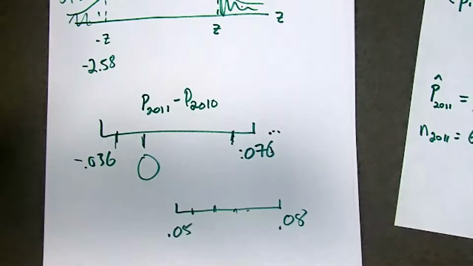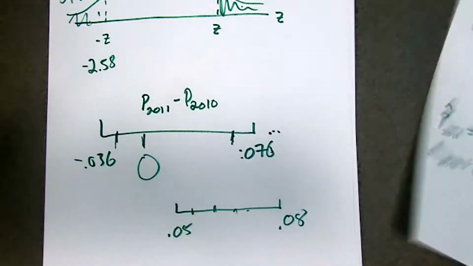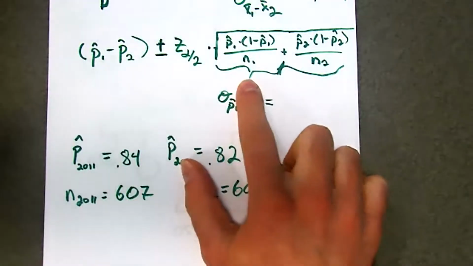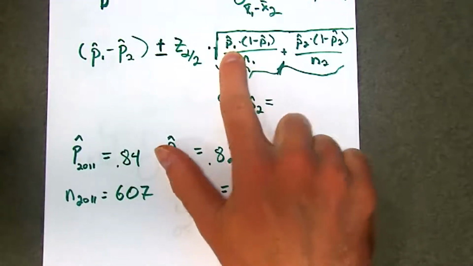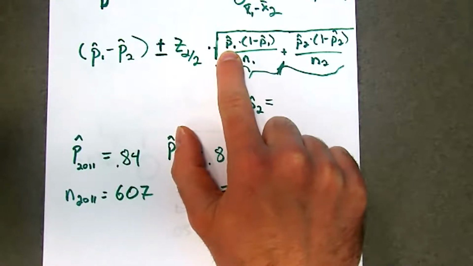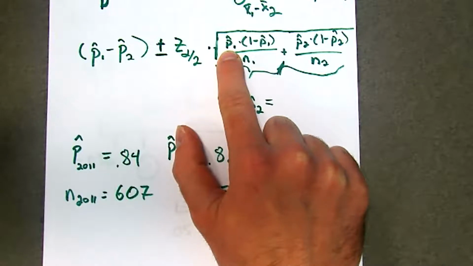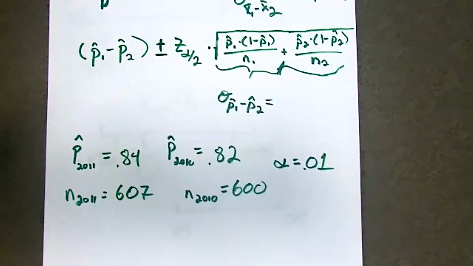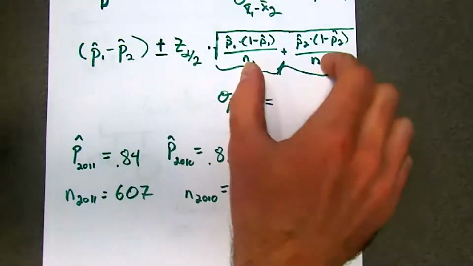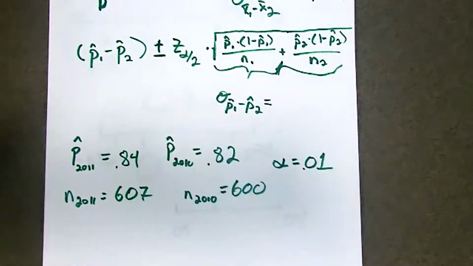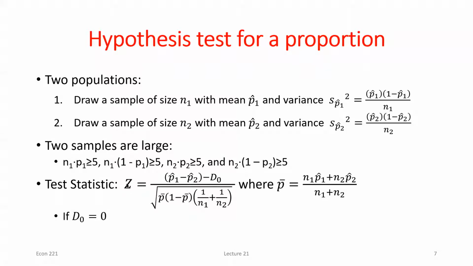The issue is, when I look at the confidence interval equation for the difference in proportions, notice my variance depends on the sample statistic I found, okay? And because it depends on the sample statistic I found, when I go to plug in my standard deviation of the difference in those sample proportions, it doesn't work out to simply be this. If I just use this as my standard deviation when I'm doing hypothesis testing, then this value that I'm coming up with wouldn't be a Z statistic.